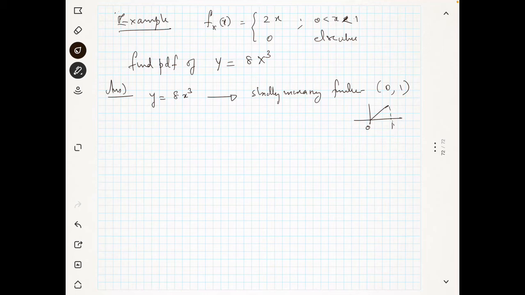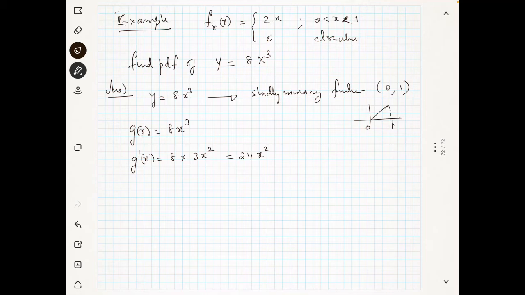Now we will see what is our g dash of x. g of x is nothing but 8 into x cube. So what is g dash of x? G dash of x is nothing but 8 into 3x square, which is nothing but 24x square.